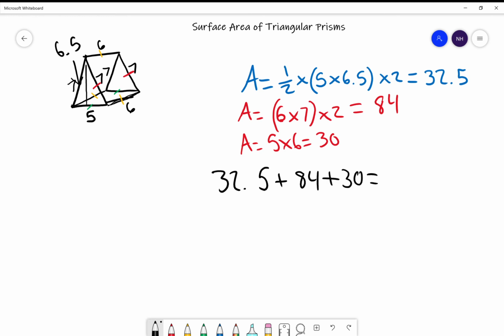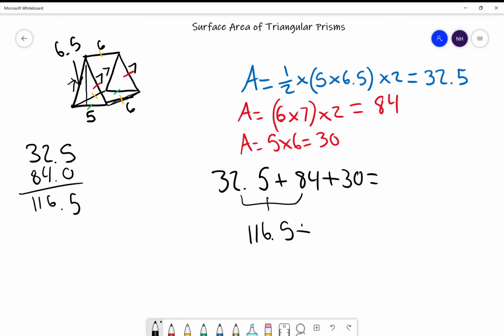So first I'm going to do these two. So 32.5 plus 84, which is basically the same thing as 84.0, equals 116.5 plus 30. Can do this.